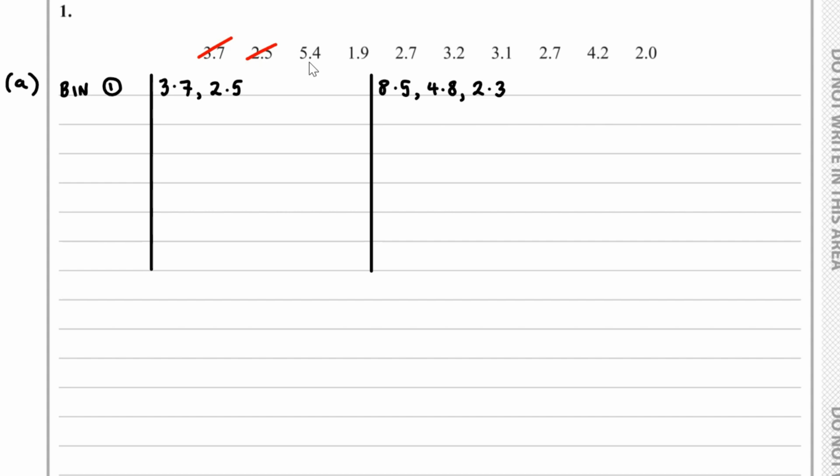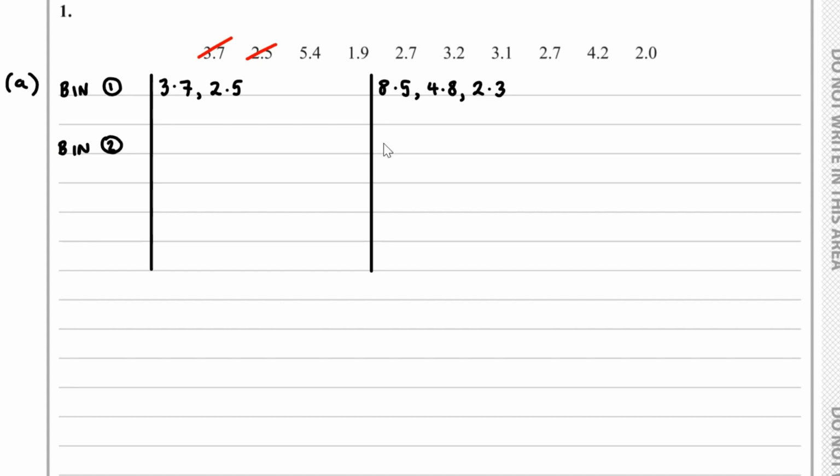Let's now take a look at the 5.4. Well, currently there is not enough space in bin number 1, so we have to open up a new bin. So we open up a new bin, bin number 2.